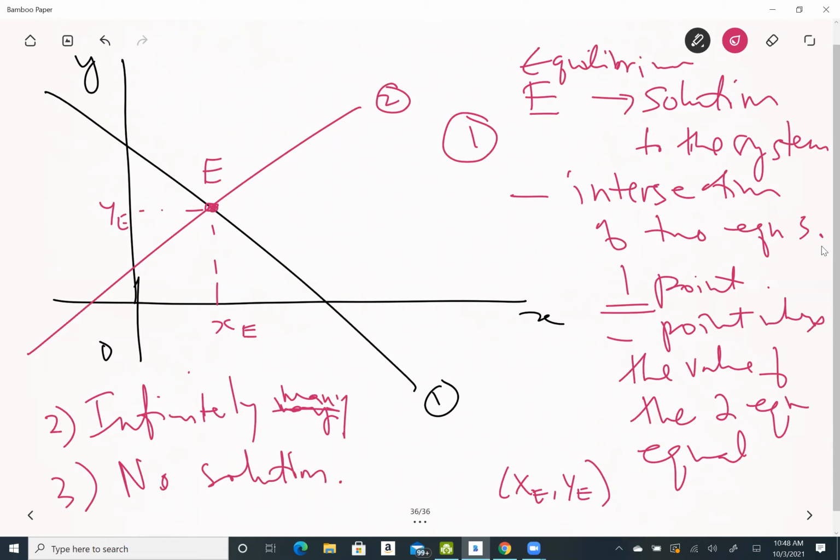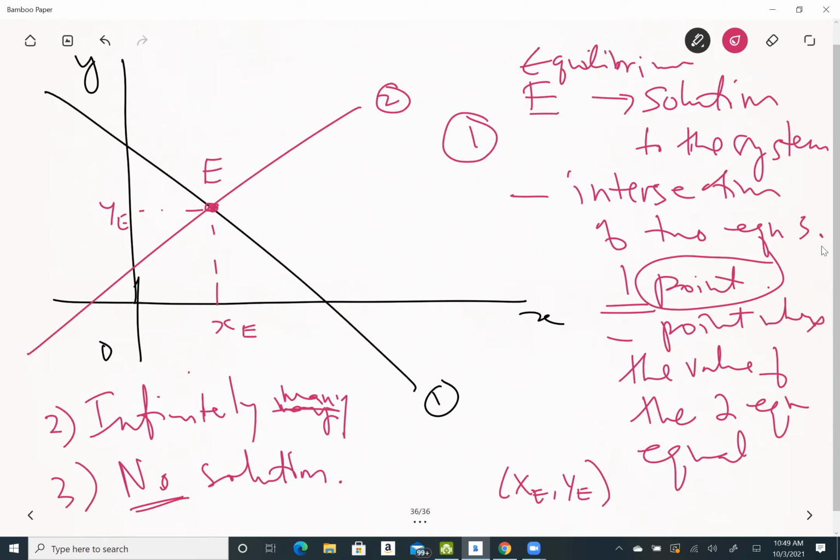Infinitely many solutions are sometimes quite difficult to see, but no solution and one solution are easy to see.